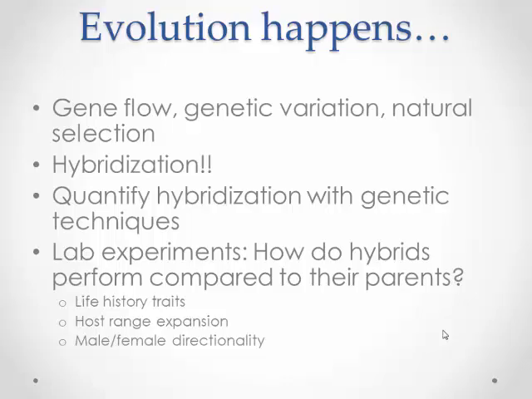We're going to be looking at different life history traits of the hybrids versus their parents. Also importantly for biological control, the potential for host range expansion, which is simply the addition of a new host to an already existing diet. And also, I will talk a little bit about male-female directionality, because when you have hybrids, you can have different genetic contributions from the male or female of one species, and it might create different patterns.